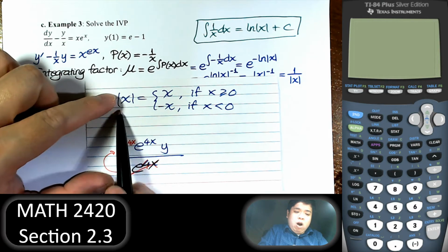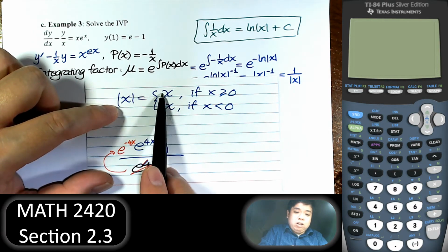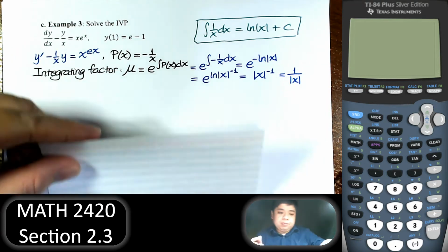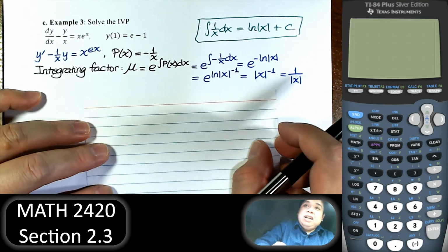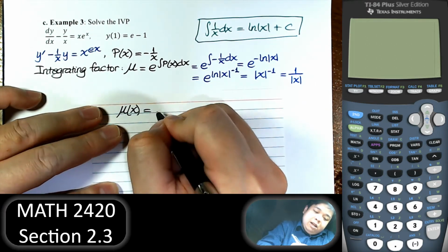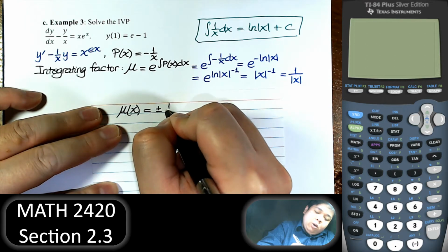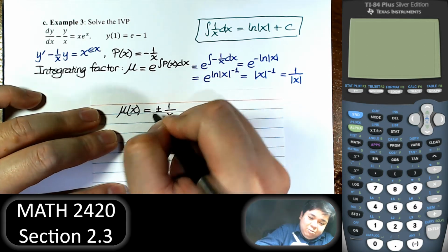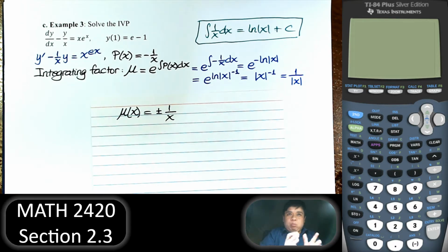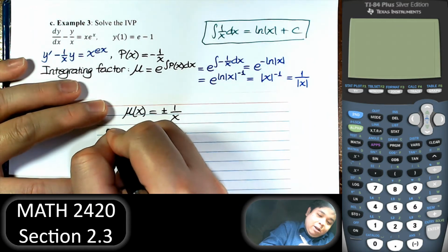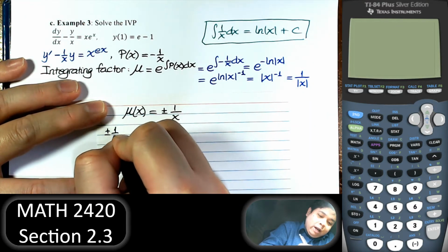So if we want to drop the absolute values, it could be positive or negative. So we can replace this by plus or minus. Let's say I can use the integrating factor as plus or minus 1 over x. So instead of absolute values, I write plus or minus, right? Now I multiply this integrating factor on both sides of this equation. Plus or minus 1 over x.